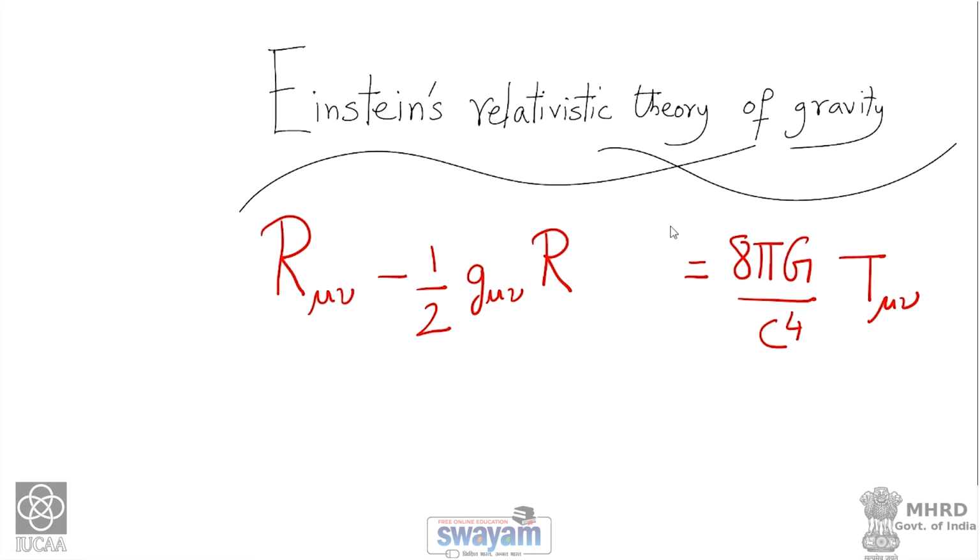On the right hand side you have 8πG, where capital G is the Newtonian gravitational constant, divided by the speed of light to the power 4, which tells you that one is speaking of a relativistic theory of gravitation, and 8πG/c⁴ is multiplied by the energy-momentum tensor of the matter.